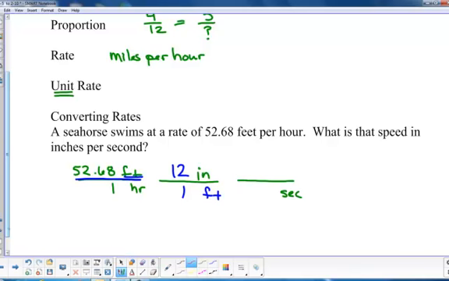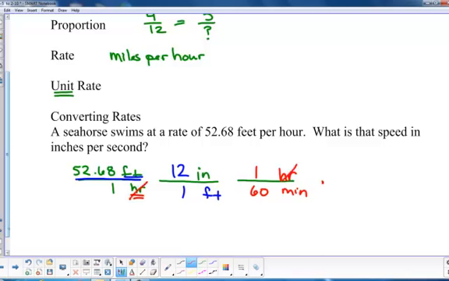The next conversion is to get this hours into seconds. So first, why don't we get hours into minutes? There's 60 minutes in 1 hour. I put the hours on top because the hours is on the bottom, and I can literally cancel that word.